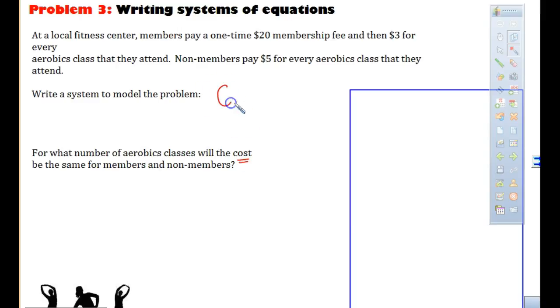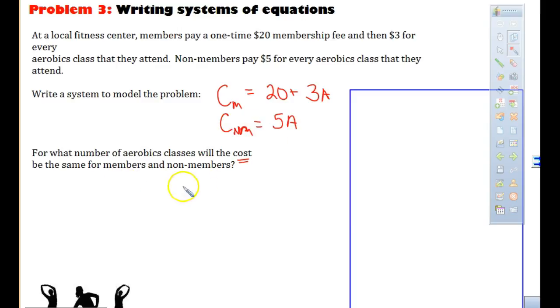We might have the cost of our members and the cost of our non-members. The cost of the members is 20 plus each class we take, 3 times A for an aerobics class. The cost for our non-members is they walk in the door, every class they take, they pay me $5.